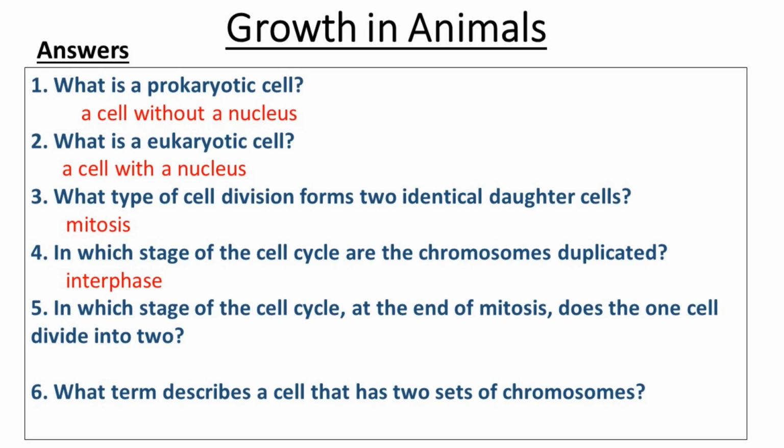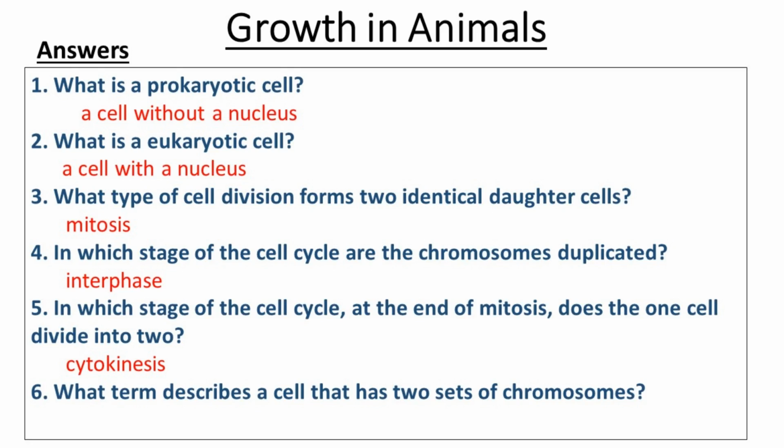Question 5. In which stage of the cell cycle, at the end of mitosis, does one cell divide into 2? And if you think back to our lesson on mitosis, you should be able to remember that the very last stage is when the cell actually breaks in 2 and the membrane forms around each of the new cells, and that happens during cytokinesis.